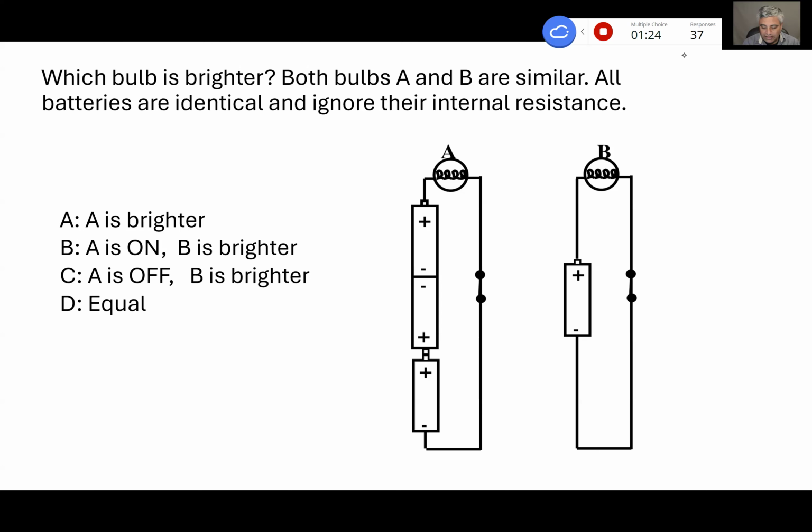And 5 more seconds. 5, 4, 3, 2, 1, and it stops.